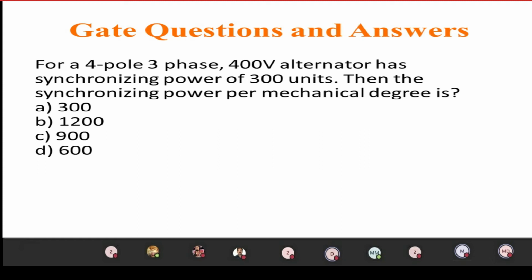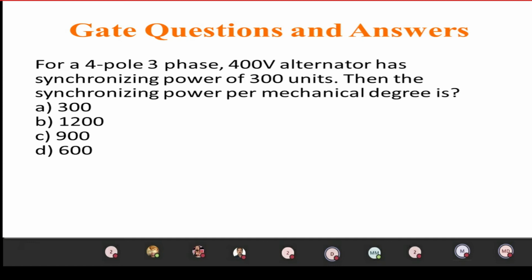Poles 4, so 300 by 2 is 150, into number of phases 3, and poles 4.